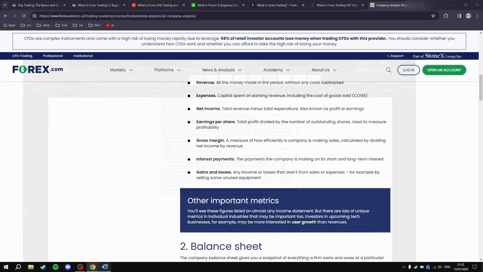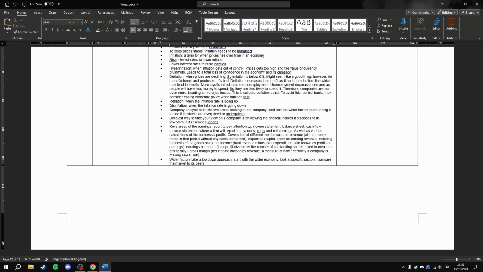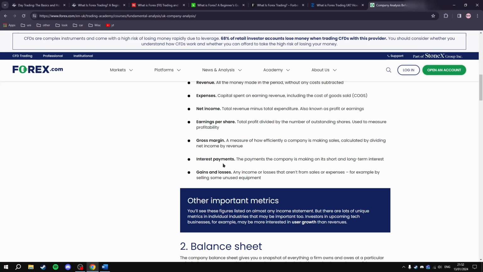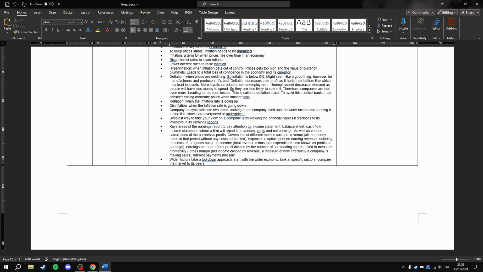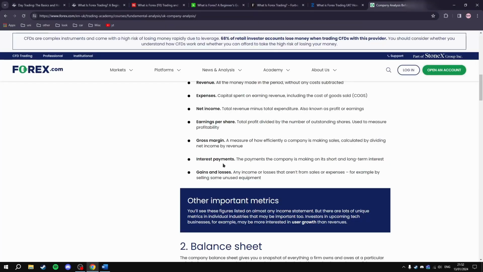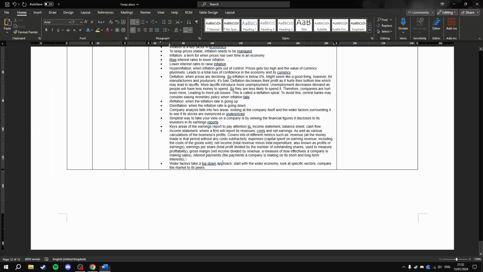Interest payments. The payments a company is making on its short and long-term interests. Gains and losses.